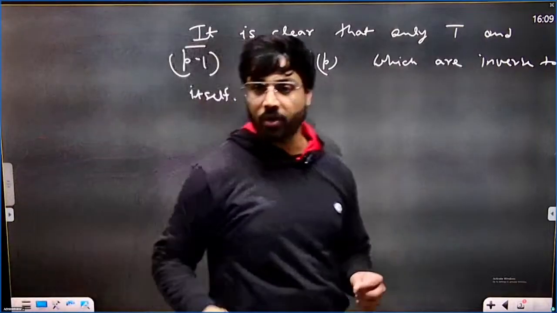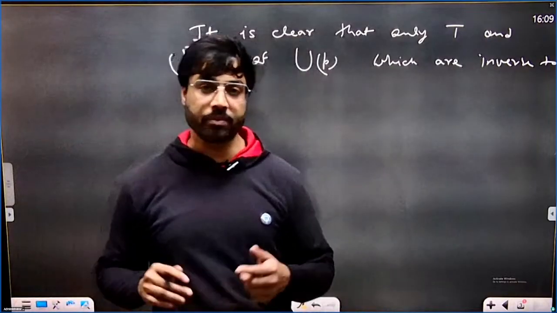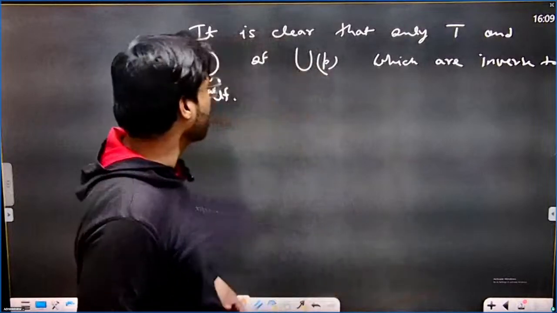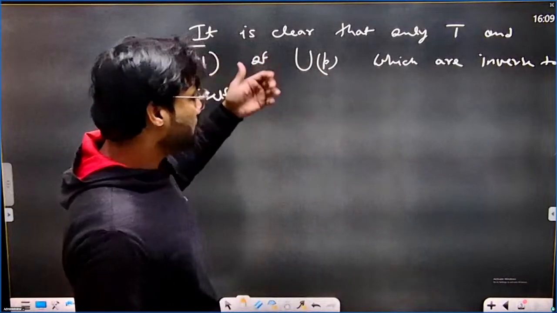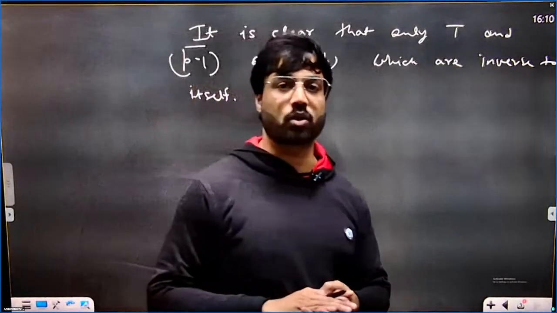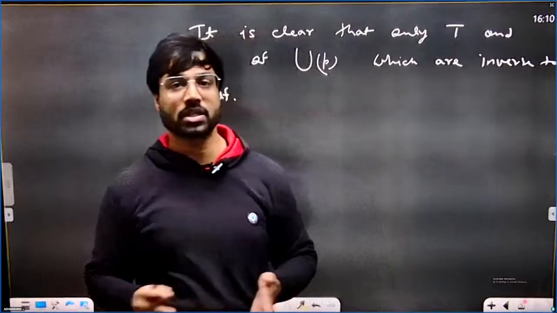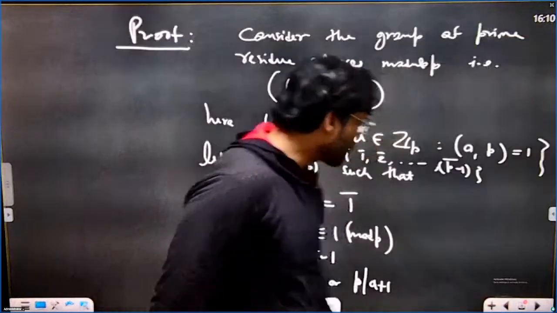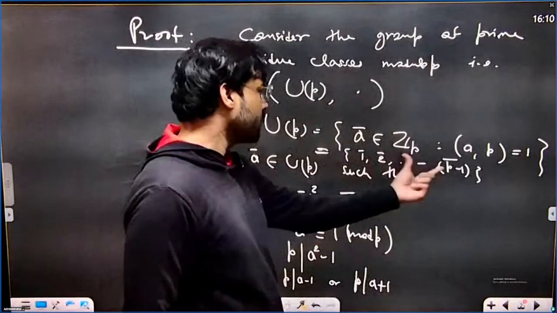That means 1 bar square equals 1 bar and p minus 1 bar square equals also 1 bar. Only two elements. And now what about the rest of the elements? That means 2 bar to p minus 2 bar. Here we have a total of p minus 1 elements.